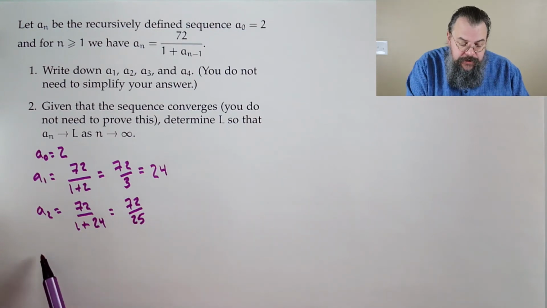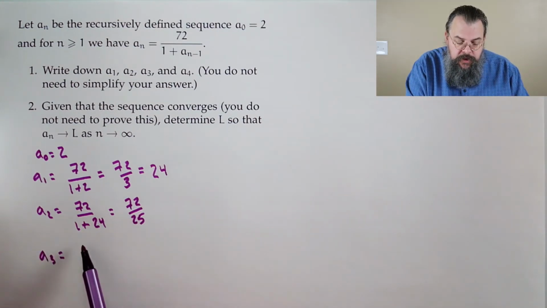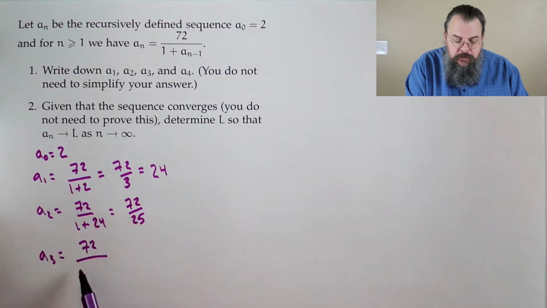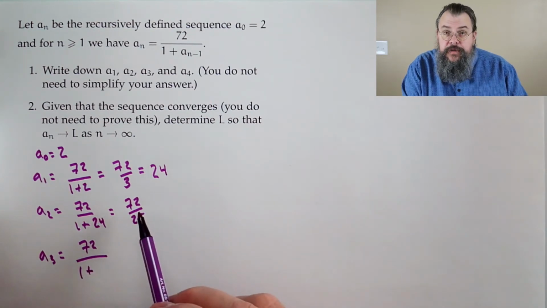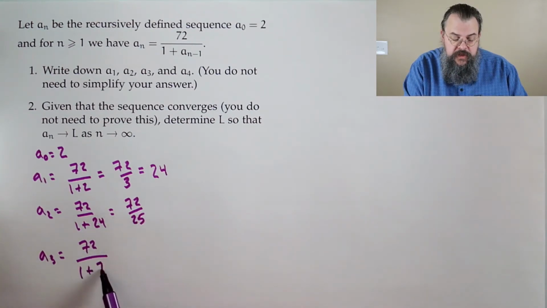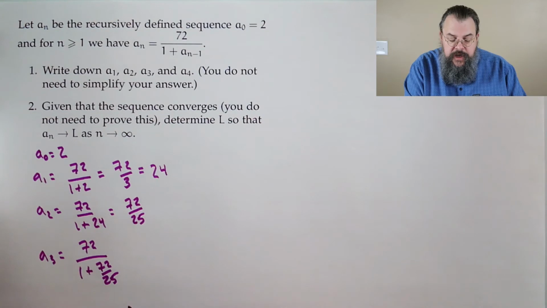Well, a_3 would be what? 72 over 1 plus the previous term. 72 25ths. Well, we could try to simplify it, but we don't have to, right?